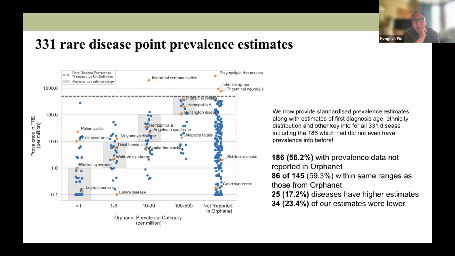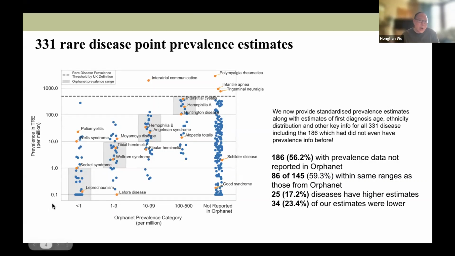The first step we took was comparing with what is already known in the literature, mainly collated by Orphanet. In the figure you can see here, the x-axis shows 4 different strata of rare disease prevalence reported in the literature, from less than 1 in 1 million population to 1 to 9, or 10 to 99, or 100 and above.